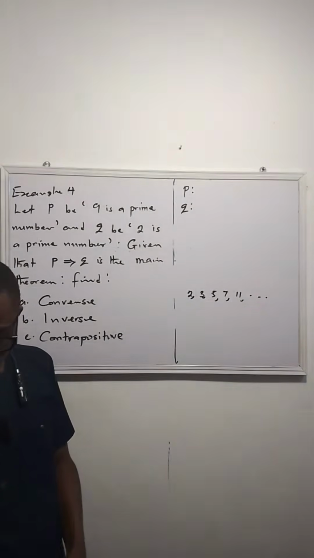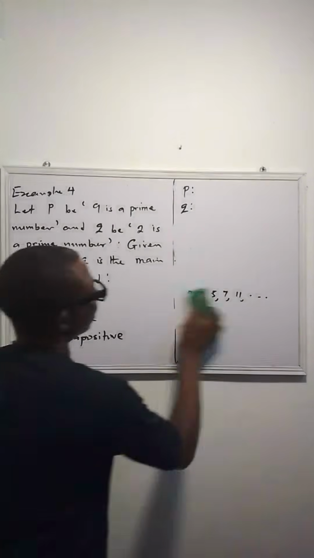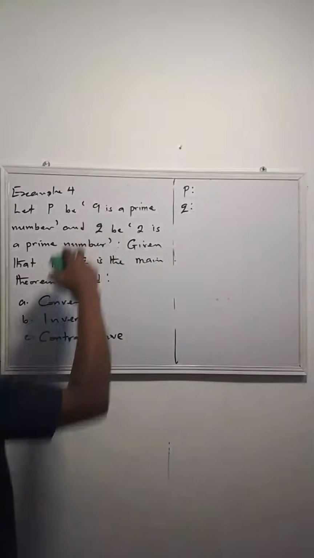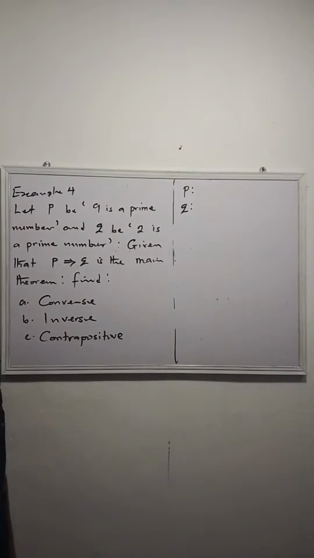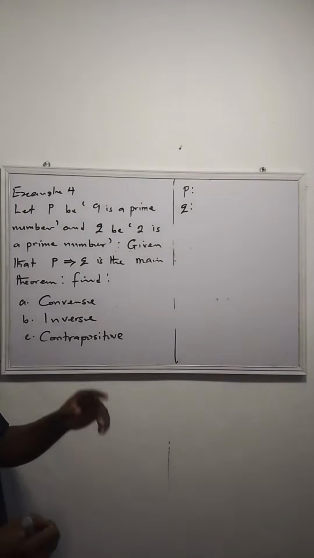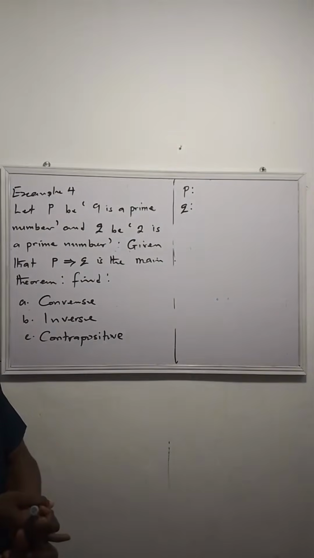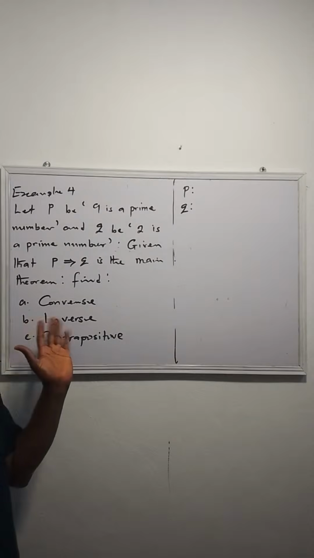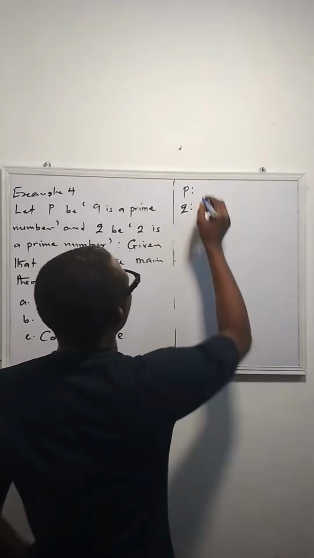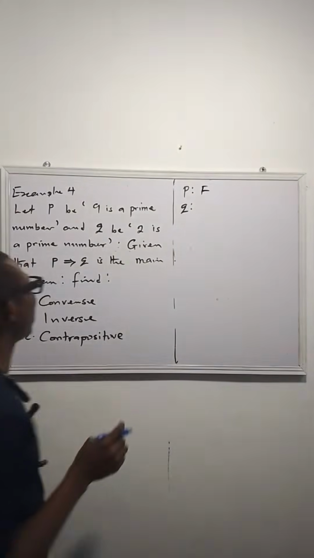All right. So when you look at 9, 9 has 2 divisors. 9 can go in it, and also 3 can go in it. So that makes it not a prime number. So it is false that 9 is a prime number.